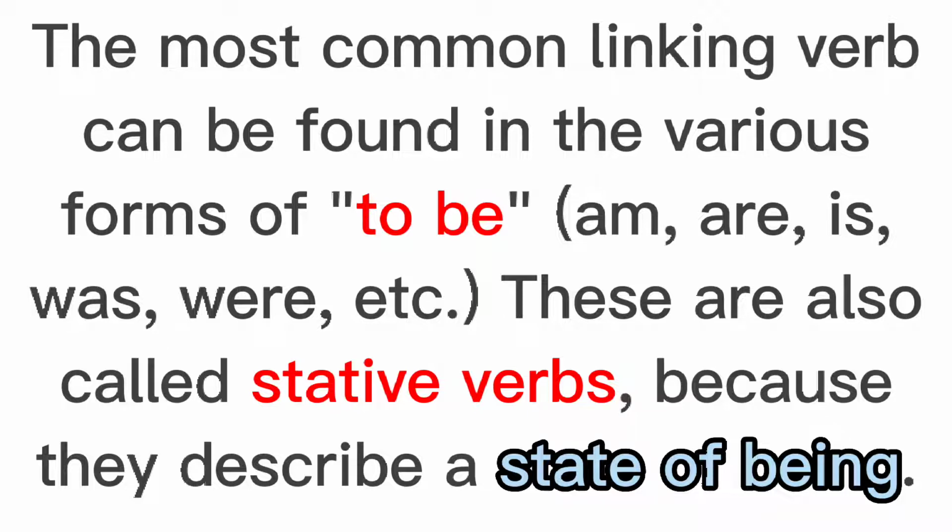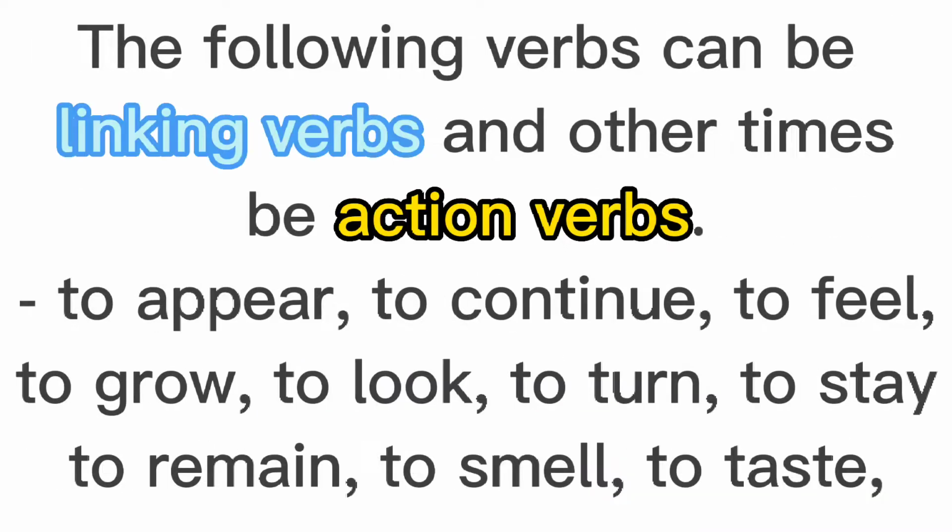The following verbs can be linking verbs and at other times can be action verbs: to appear, to continue, to feel, to grow, to look, to turn, to stay, to remain, to smell, to taste.